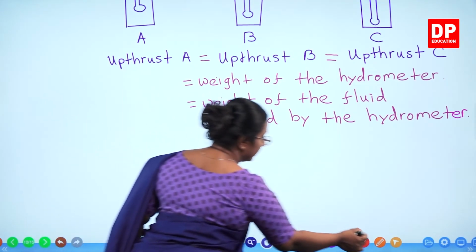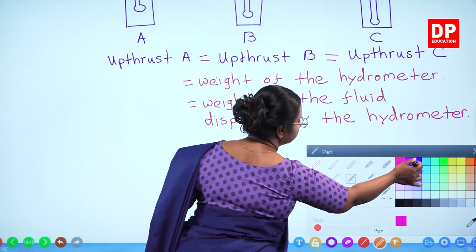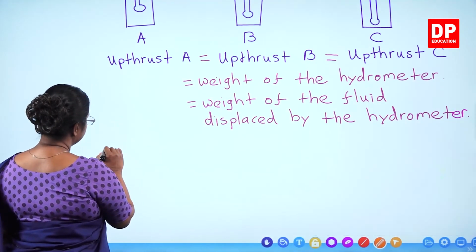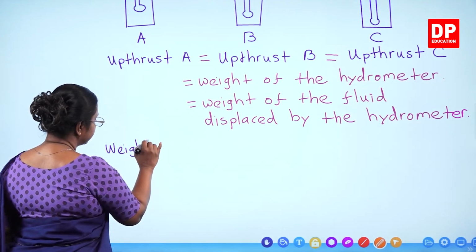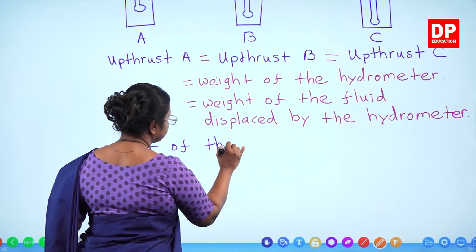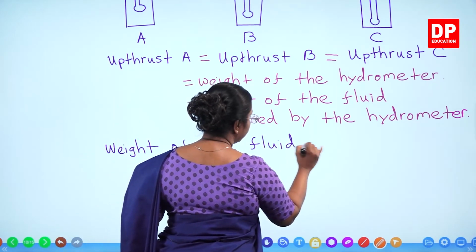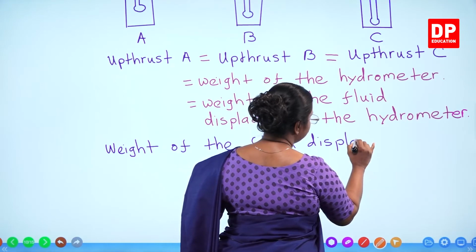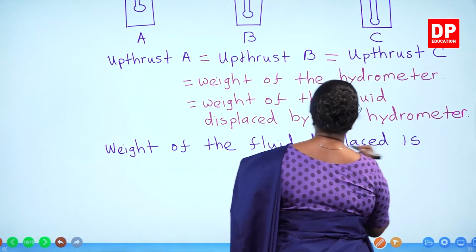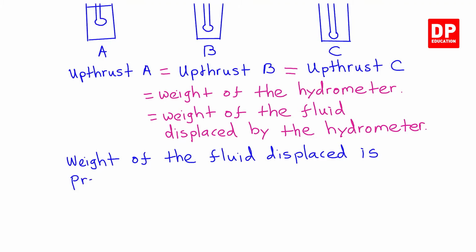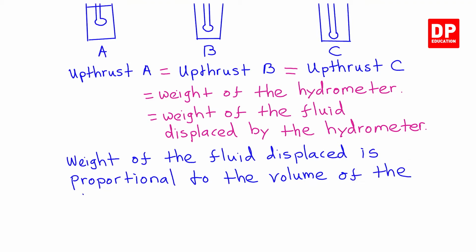So then if we consider the relationship, we can say the weight of the fluid displaced is proportional to the volume of the fluid displaced.